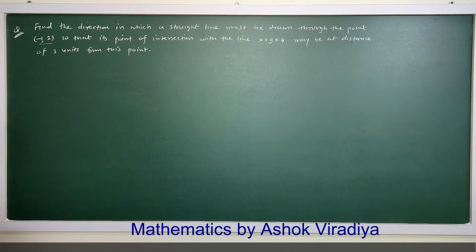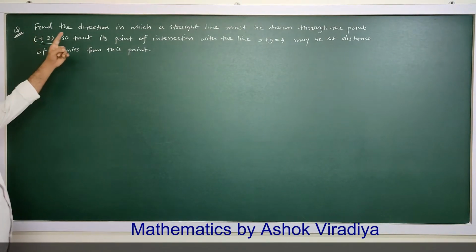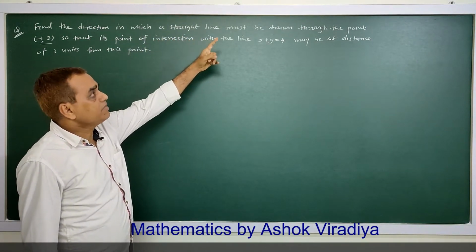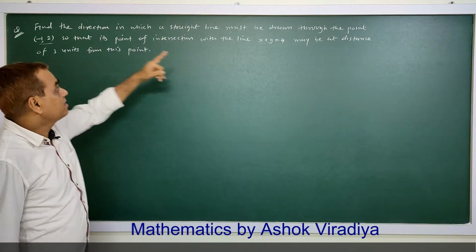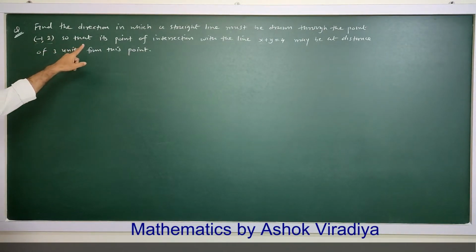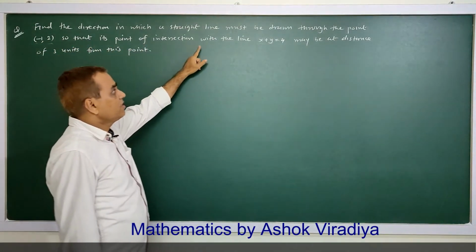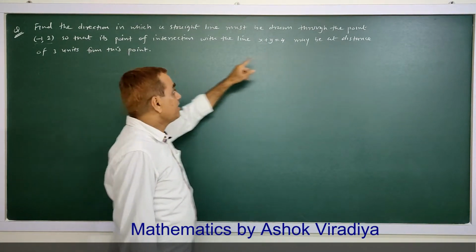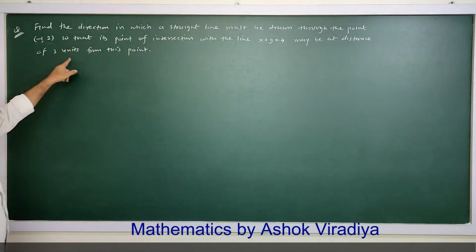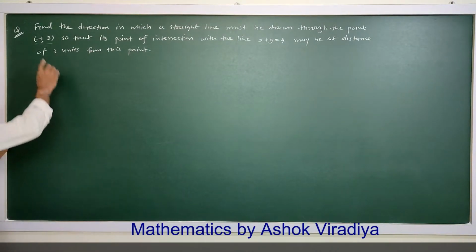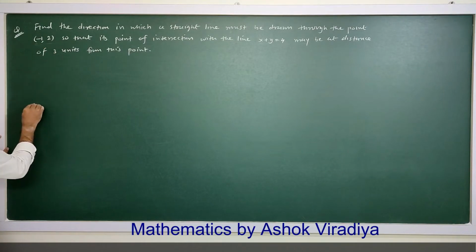Next question. Find the direction in which a straight line must be drawn through the point minus 1, 2 so that its point of intersection with the line x plus y equal to 4 may be at a distance of 3 units from this point. So here, suppose this point is, I am taking, A(minus 1, 2).